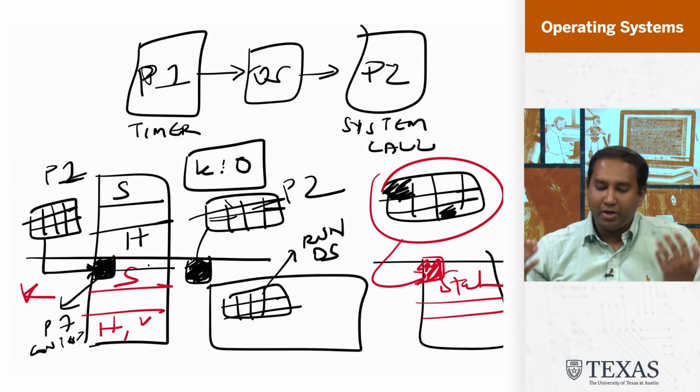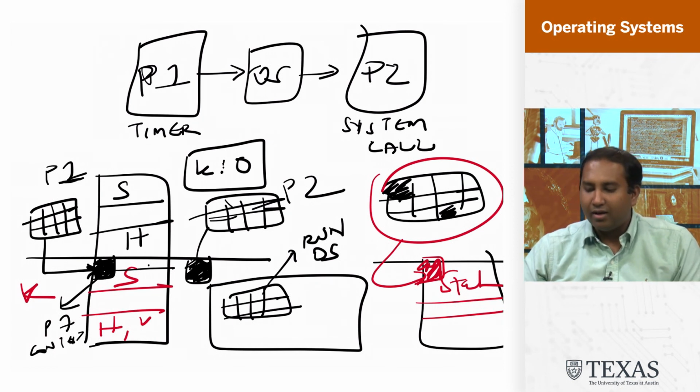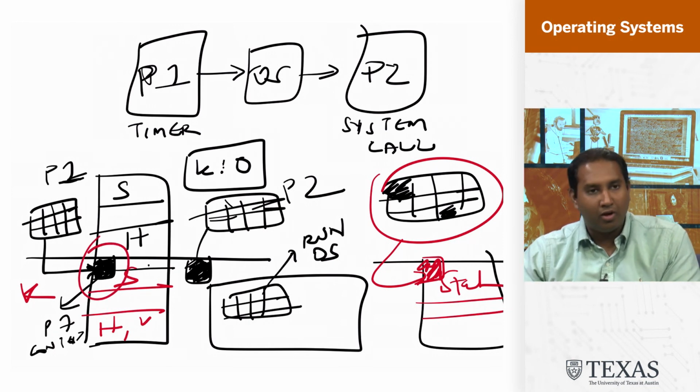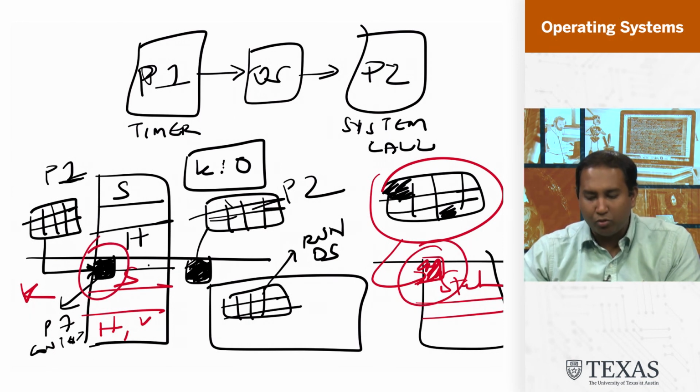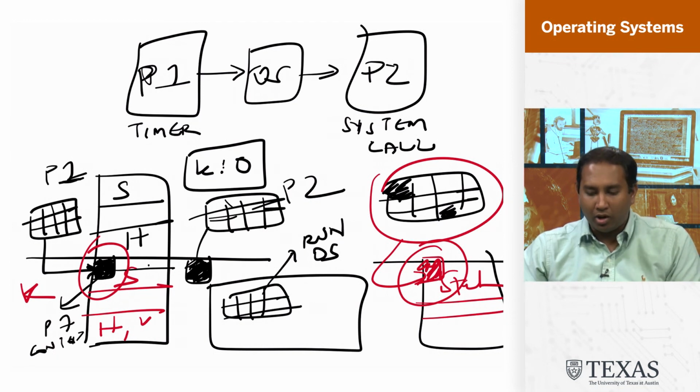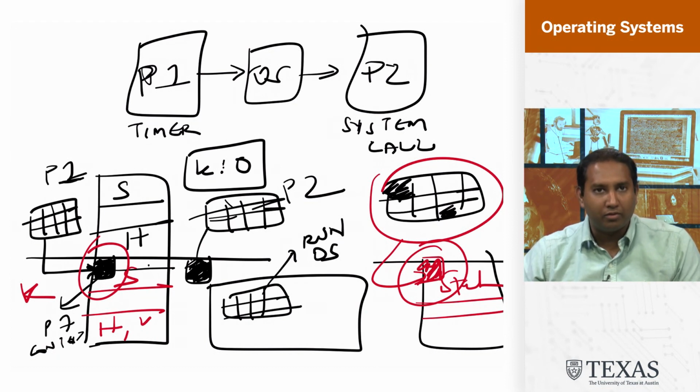P2 has been successfully saved, and it can be restored at a different point of time. If you look at the overall state of the system, there is P1's context just sitting around, there is P2's context just sitting around, and the OS has its own stack. At this point we can successfully run P1 or P2 or the OS with no problem at all, because we have enough context to run any one of these processes.